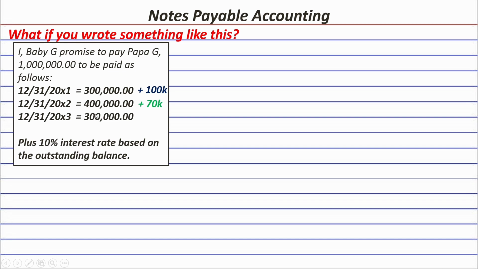So, 1 million minus these two payments and we have 300,000 as the remaining or the outstanding balance only. Okay? So, let's multiply that with 10% and that will be 30,000 plus the principal payment and we have 330,000 as your last payment. So again, that's the effect of this statement or phrase.